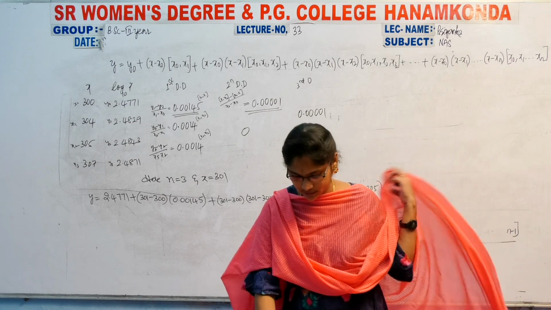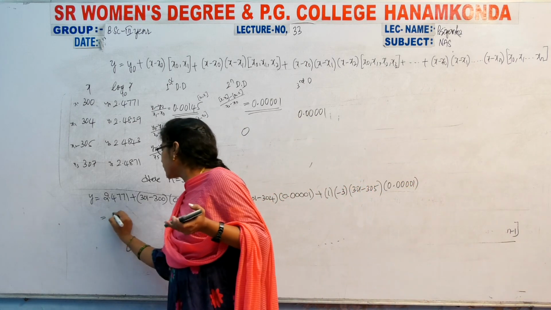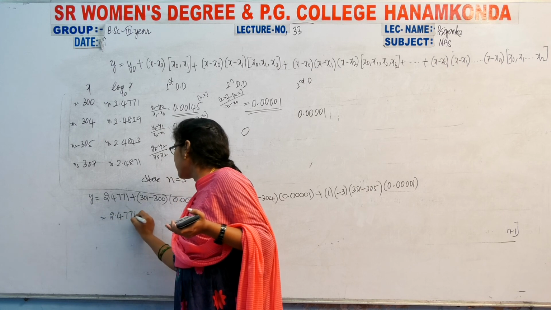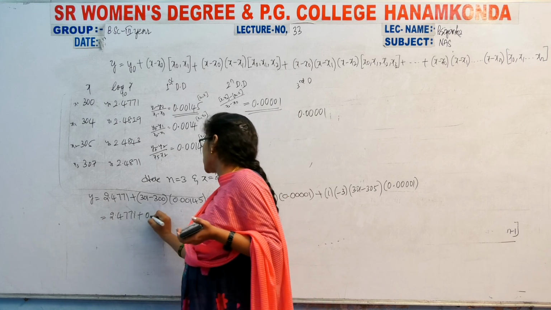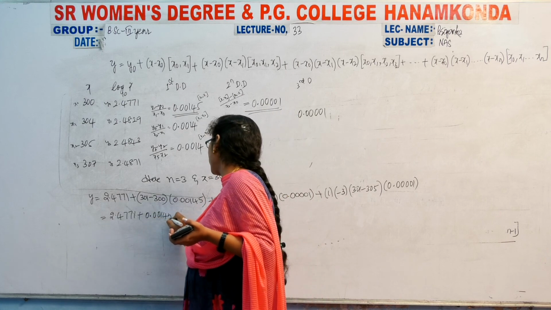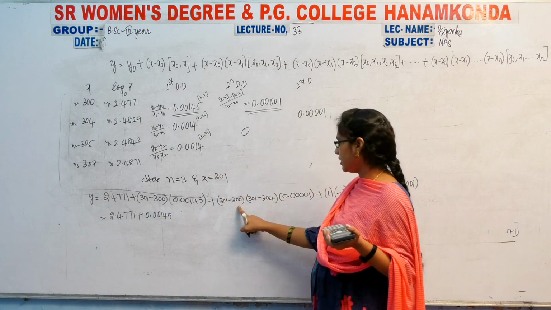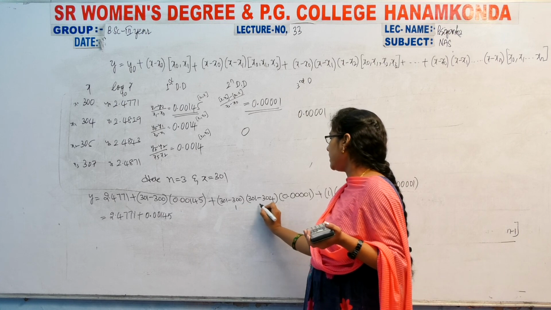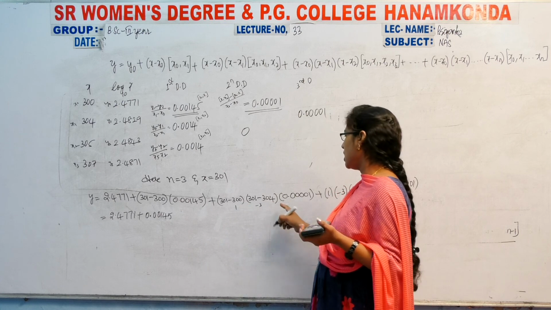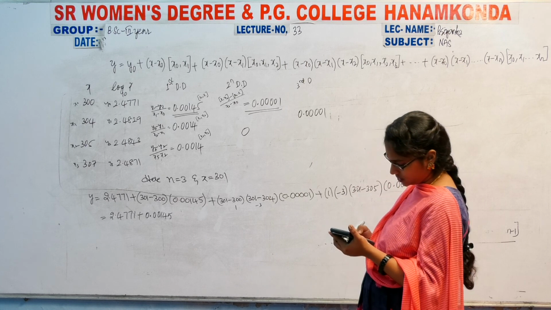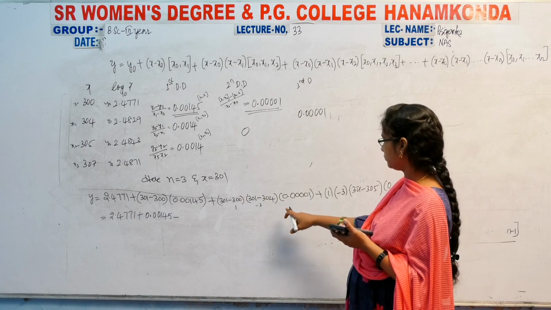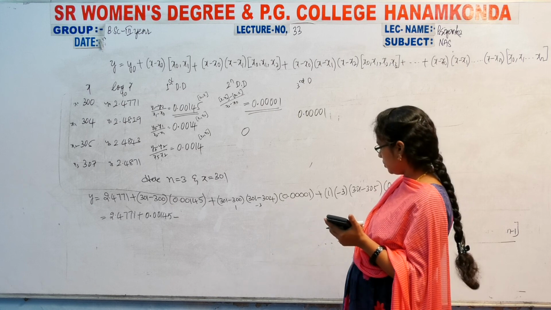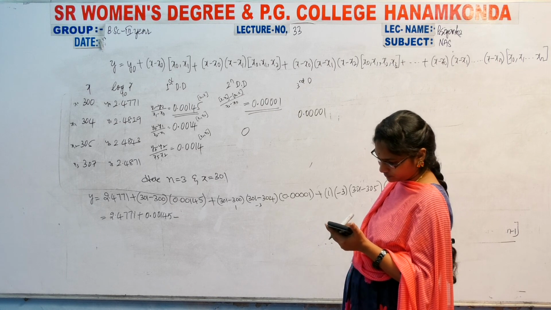Now here take the calculator. 2.4771 plus 1 into 0.00145. Next, 1 into, here it is 1 and minus 3, so we get minus 3 into 0.00001.